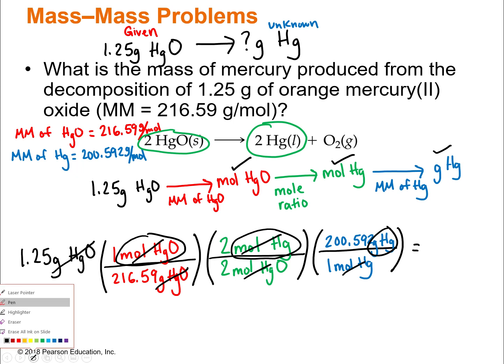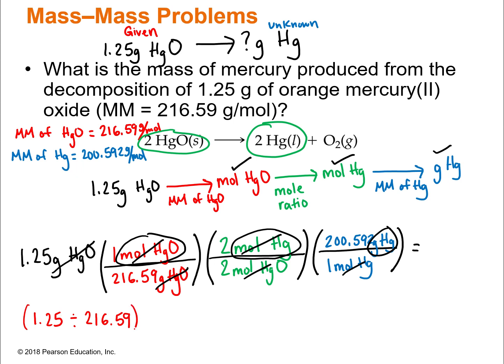Putting this into your calculator. 1.25 divided by that molar mass, multiply by 2, divide by 2, which is the same thing as multiplying by 1.